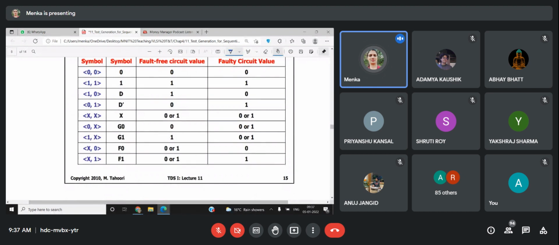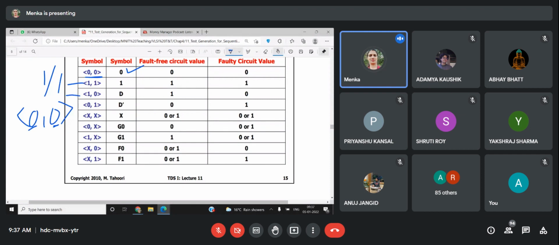First one is 0/0, which is 0 only. 1/1 means true value is 1 and fault is also 1. This is the way of representation. 0/0 means 0 is the true value and 0 is the faulty value also.